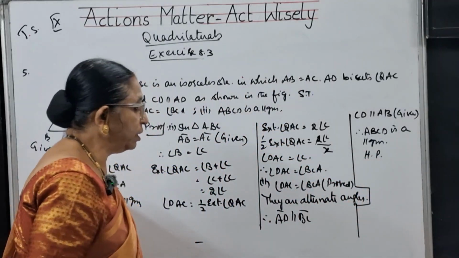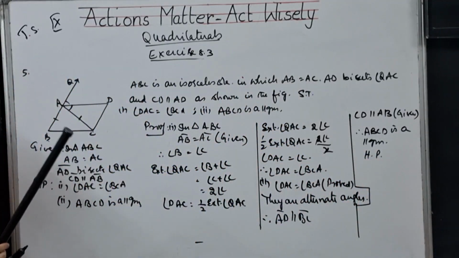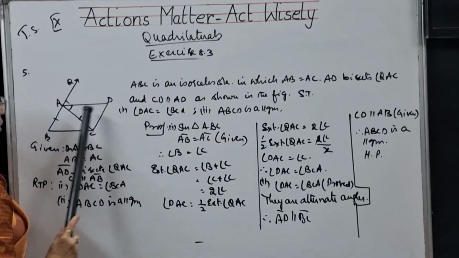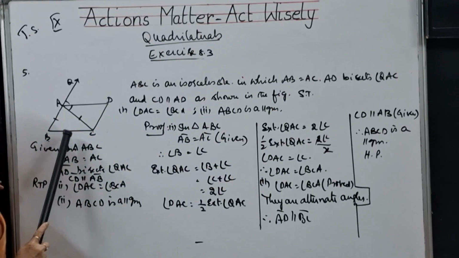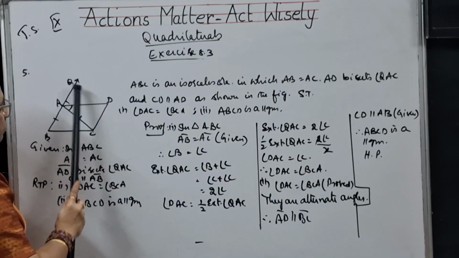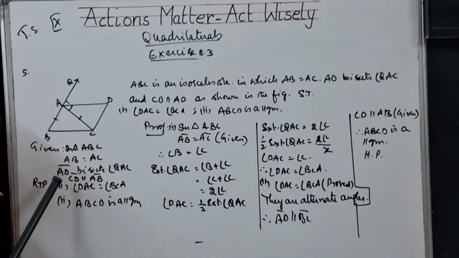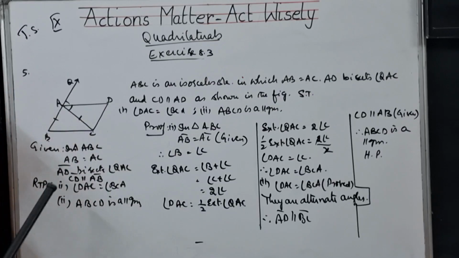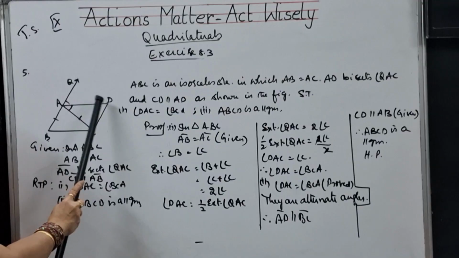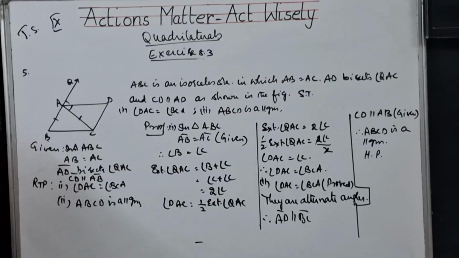We have proved, children. So let us see once again. Triangle ABC is an isosceles triangle they have given, and AD bisects angle QAC, and we need to prove that ABCD is a parallelogram. First we have to prove that angle DAC is equal to angle BCA, then ABCD is a parallelogram.